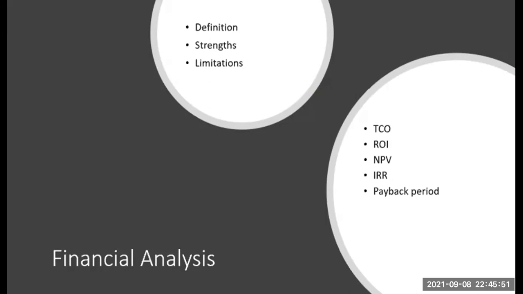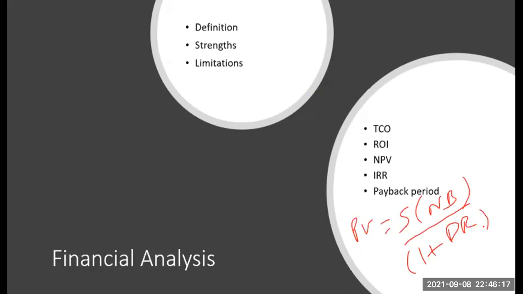Present value is nothing but the sum of net benefits in that period divided by 1 plus the discount rate. This is the formula to compute the present value. For example, 1,000 rupees in the future need not be worth 1,000 rupees today.